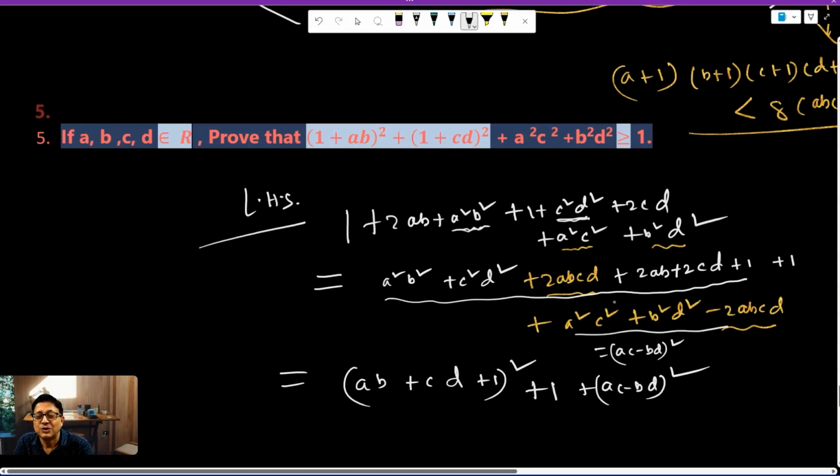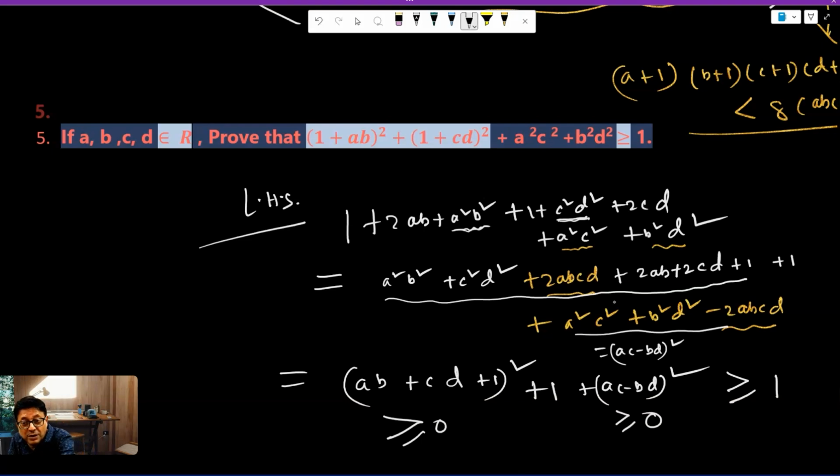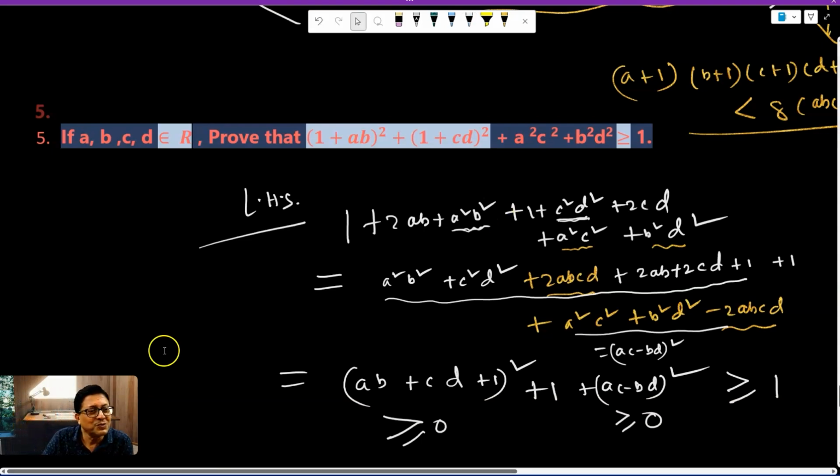So what do you observe? This expression is greater than or equal to 0, they are all real numbers. This third expression is greater than or equal to 0. So this whole expression should be greater than or equal to 1. Am I correct? A perfect square. Third one is a perfect square. 1 in between. So this is 2.